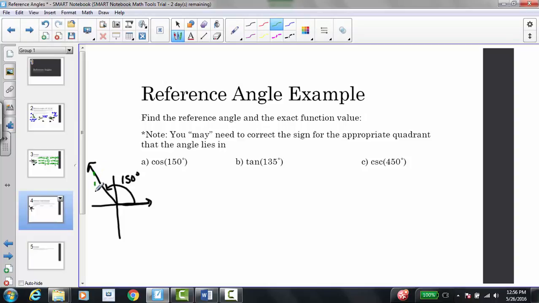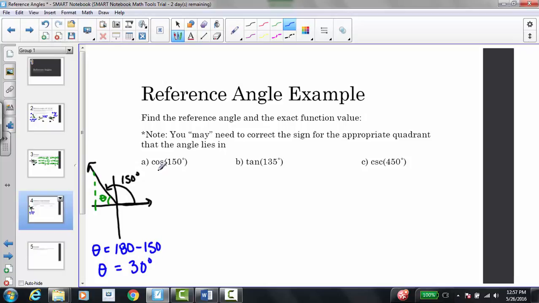Going to drop that perpendicular line to the x-axis. So here's my reference angle theta. So again, in order to find theta, I need to see how far away I am from that 180 degrees. So I have theta equals 180 degrees minus 150 degrees, and that gives me theta equals 30 degrees.